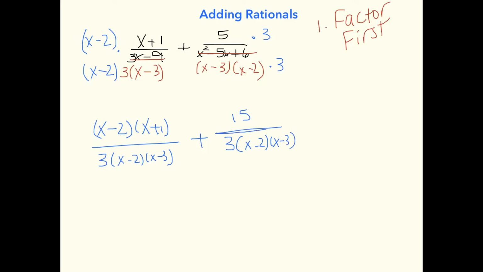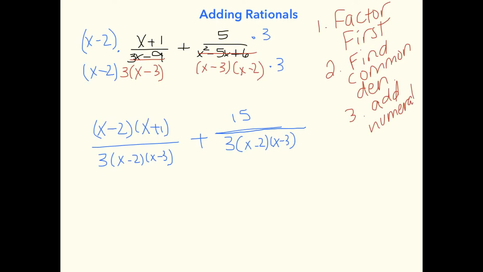So just like in that first example with the other fractions, now we have the same denominator, so all we have to do is add across. Up here, we factored, we found a common denominator, and now we just want to add the numerator, only the top, across.